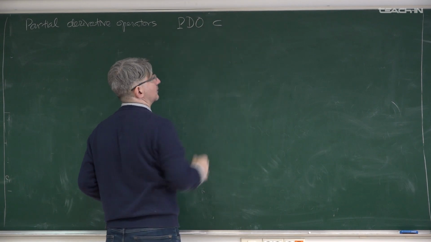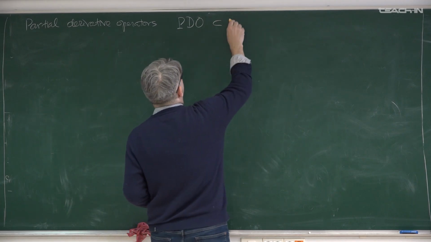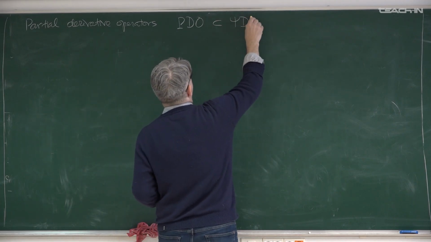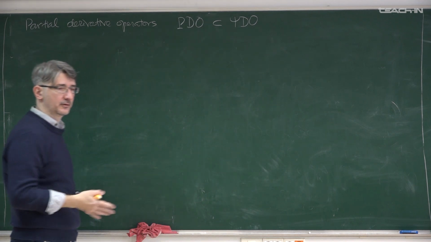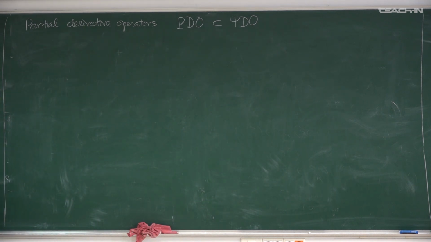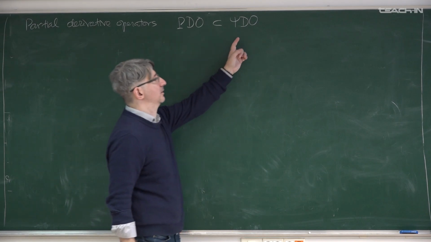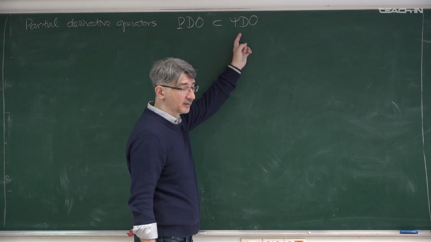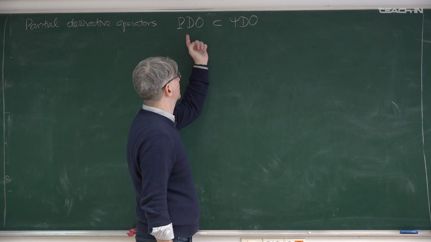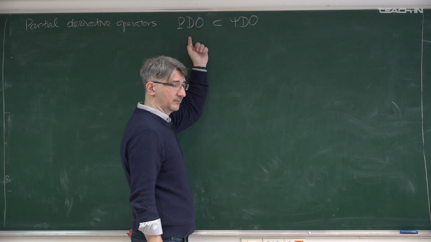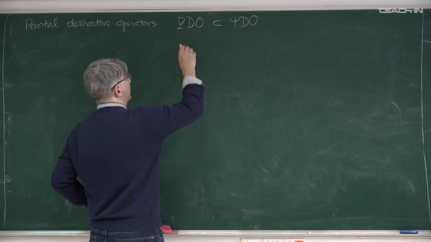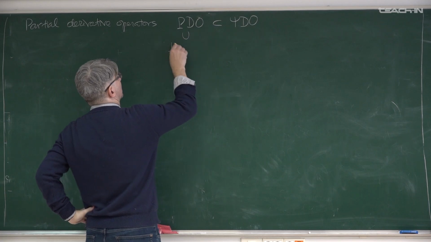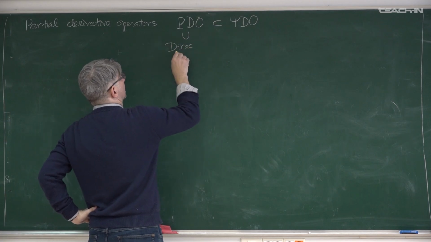It is a subset of the much more general theory of pseudo-differential operators. We will not speak about pseudo-differential operators, we have no time for it. For us, this is enough. And let me repeat that inside this, we have operators which are called Dirac type operators.